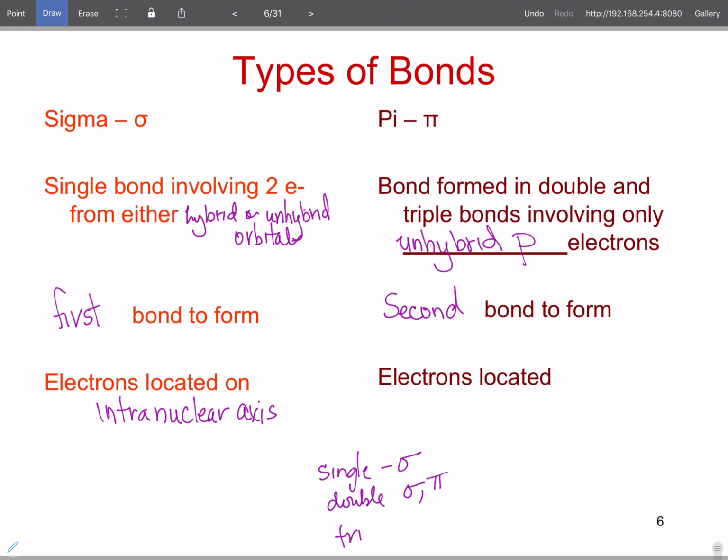A triple bond is a sigma and two pi's. We'll show you pictures as we go on this one. And the electrons are located above and below the internuclear axis. Okay, so when we talk about bonds in valence bond theory, we're going to talk about sigmas and pi's.